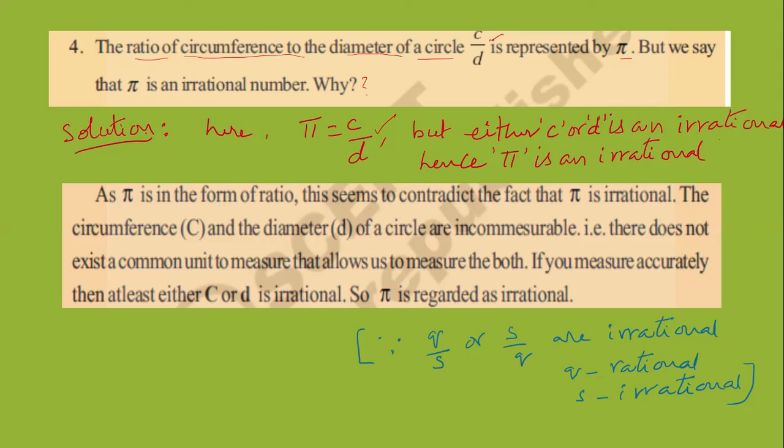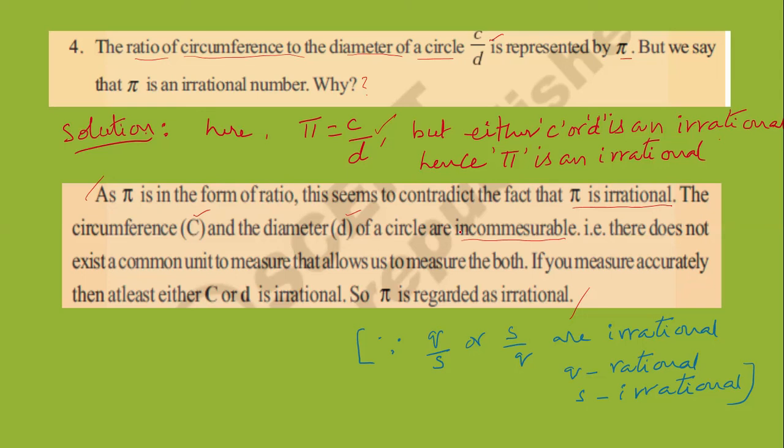For that purpose, you may read the statement on the screen. As pi is in the form of a ratio, this seems to contradict the fact that pi is irrational. The circumference C and diameter D of a circle are incommensurable.